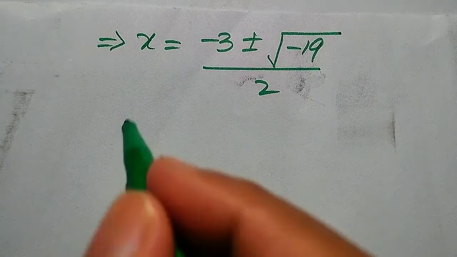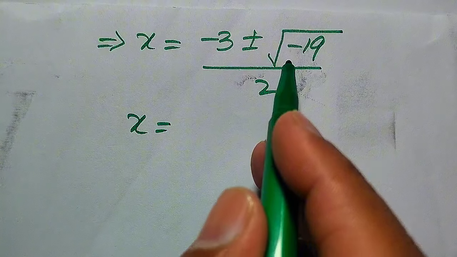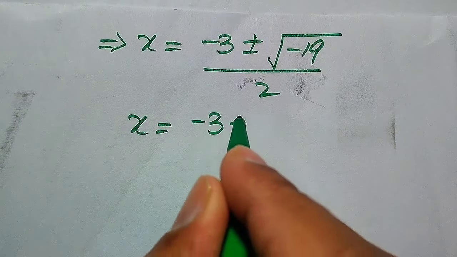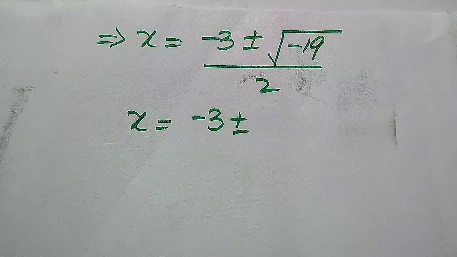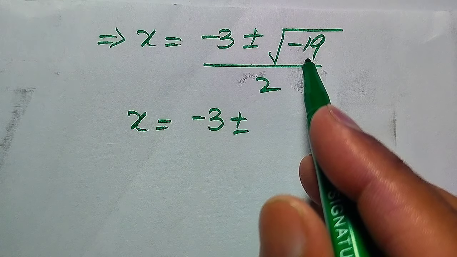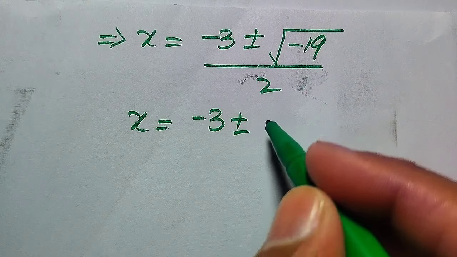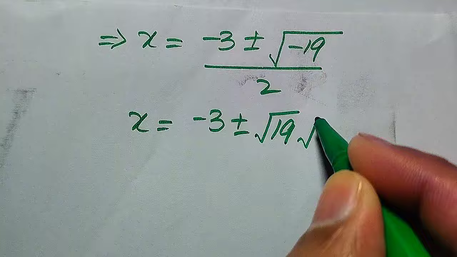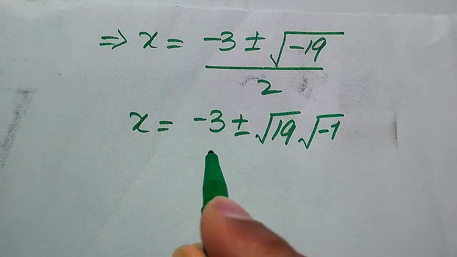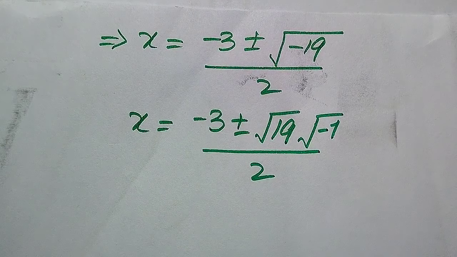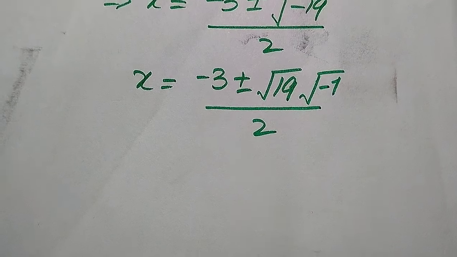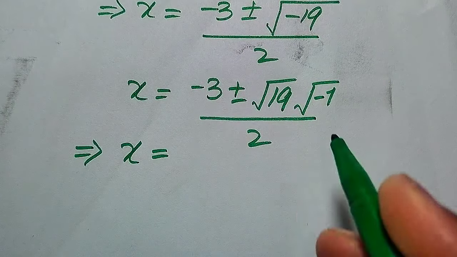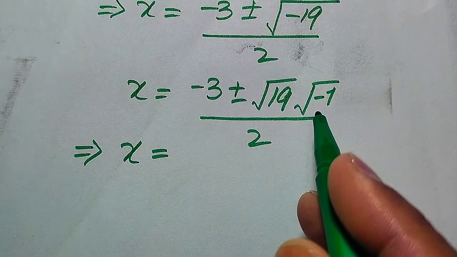Here you see that the negative sign appears inside the square root, so we apply the square root separately on both values, and it becomes square root of 19 into square root of minus 1, divided by 2. You already know that when a negative sign appears inside the square root, it becomes iota.